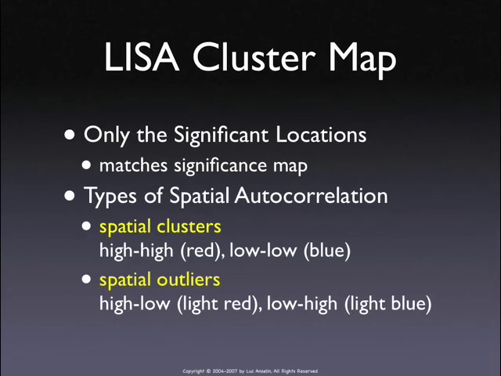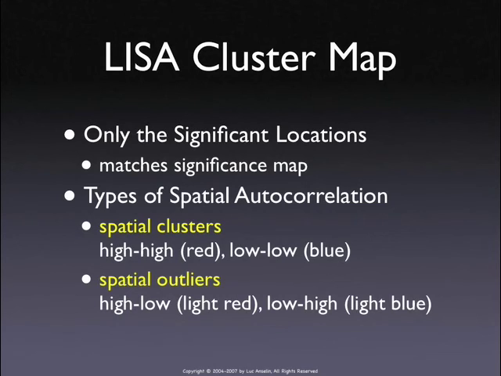But what we're doing in this one is we're tying this back to the Moran scatter plot and its categorization of spatial autocorrelation into 4 types, each of these corresponding to a quadrant in the Moran scatter plot. So we had positive spatial autocorrelation, the high-high and the low-low, and we had negative spatial autocorrelation, the high-low and the low-high. So now we can do this for each individual location.